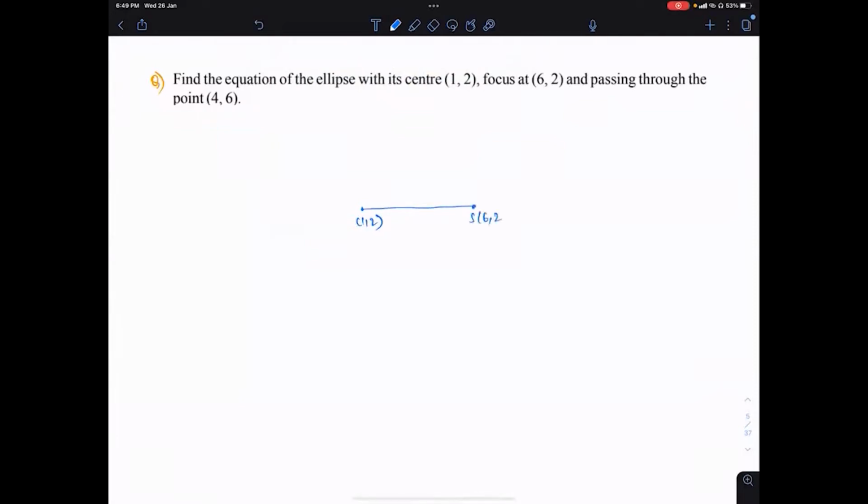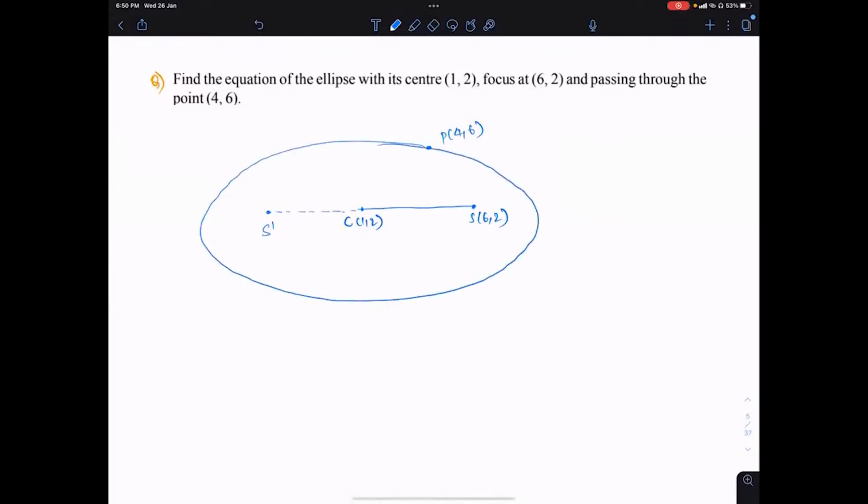One point on the ellipse is P (4, 6). As you can see, the line joining center and focus is horizontal, so the other focus S dash will be on the other side. The ellipse will look something like this, a horizontal ellipse. Now we need this ellipse equation.